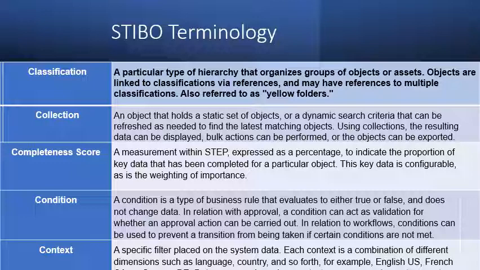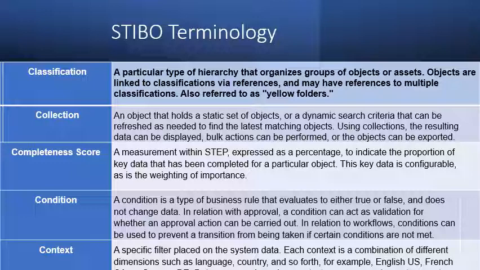These objects are linked to the classification through references, and they are represented in yellow color when you define them in STEP. So when you look at these yellow boxes, you can understand it's a classification.